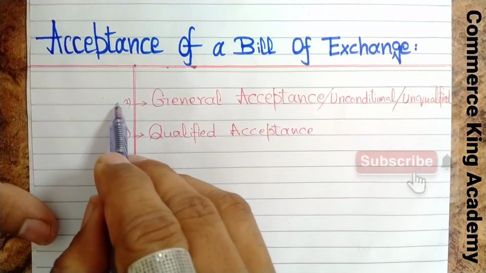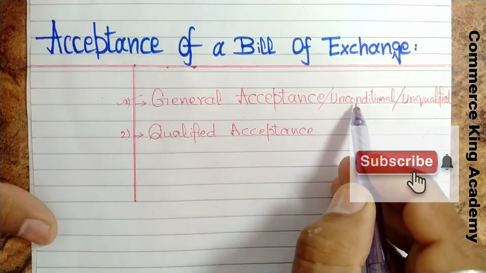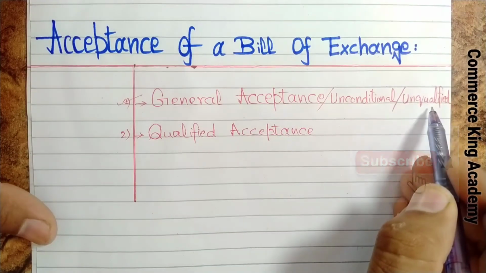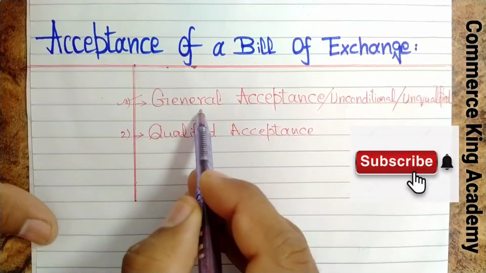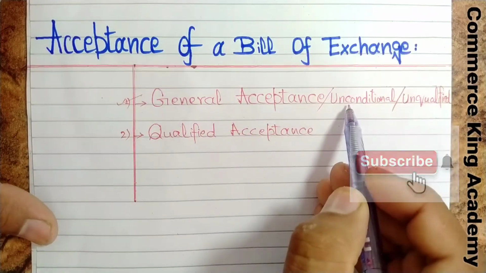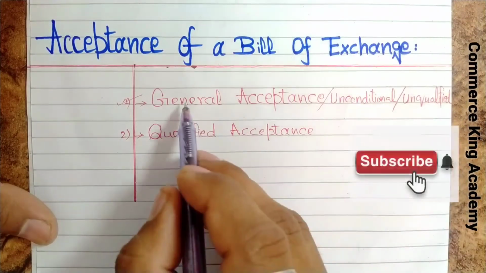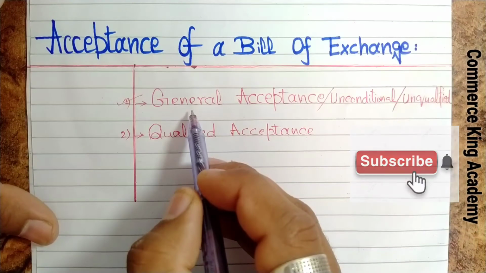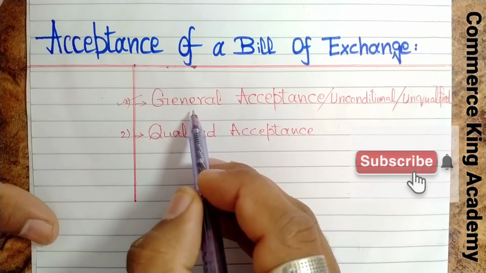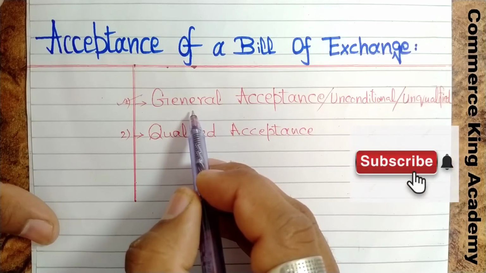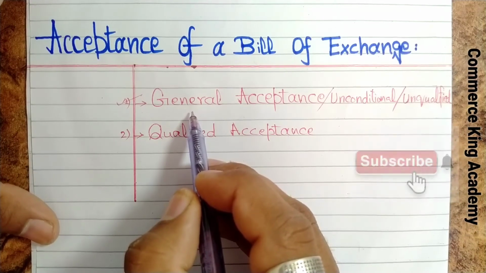First is general acceptance, or unconditional or unqualified acceptance. This occurs when the drawee accepts the liability on the instrument without any condition and limitation on the amount.